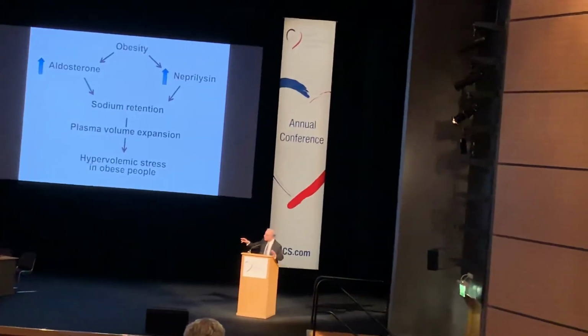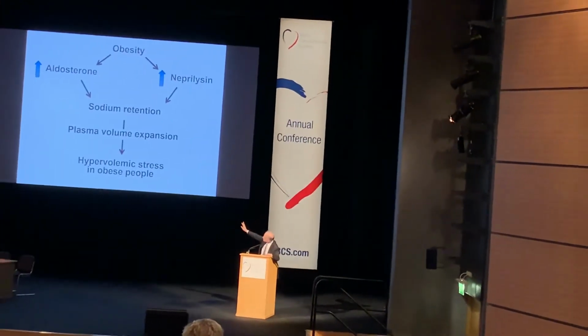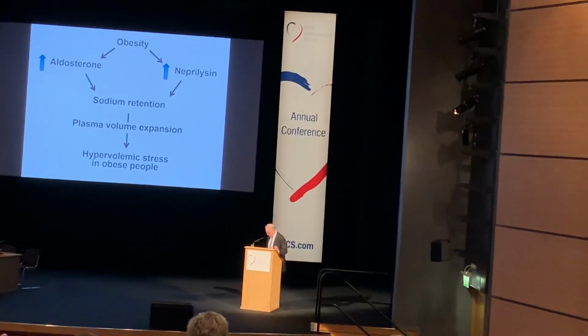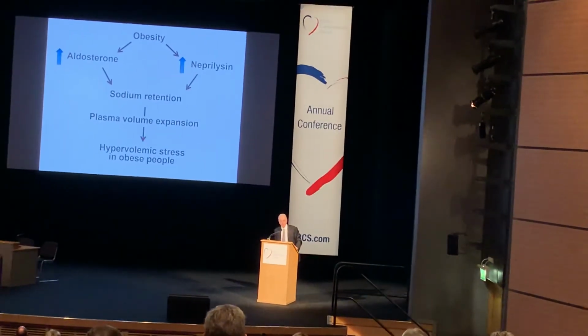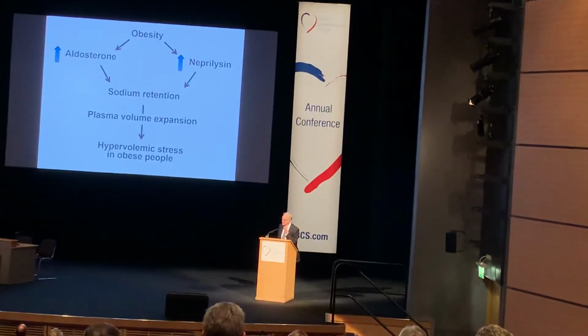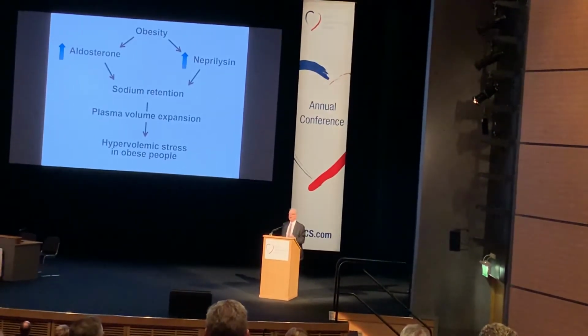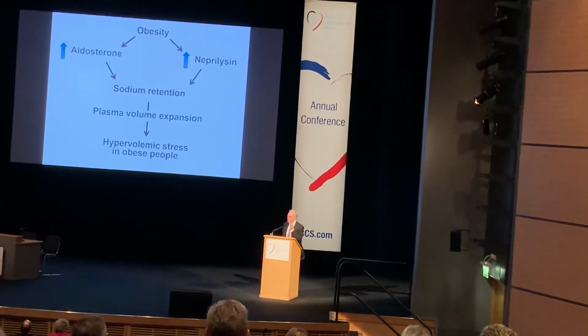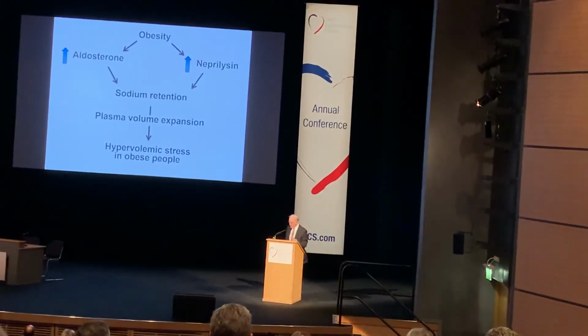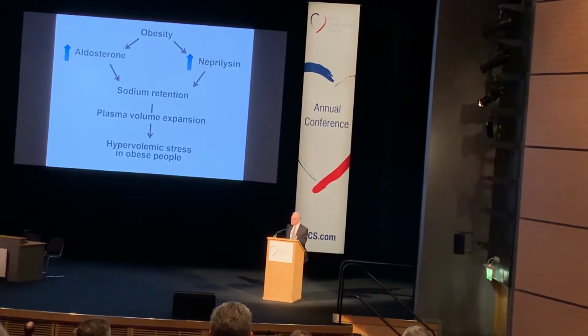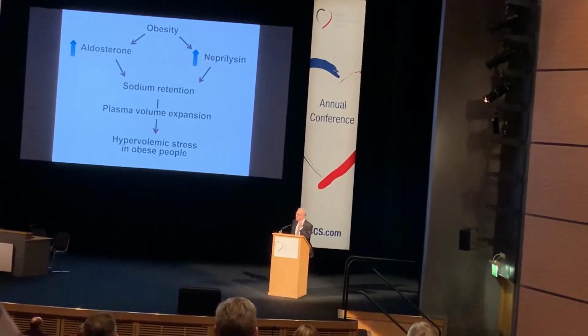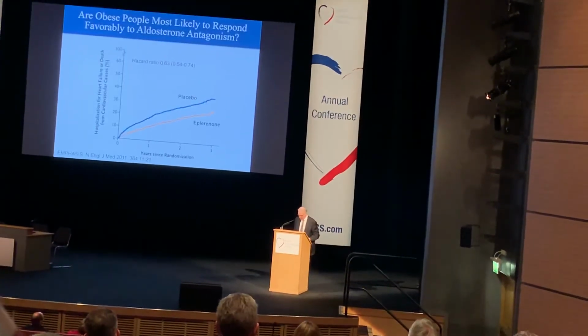And that will be true whether we're talking about the syndrome on the left or the syndrome on the right. So, sodium retention and hypervolemia is a feature of most obese individuals, and it is related to the mediators that adipocytes make.